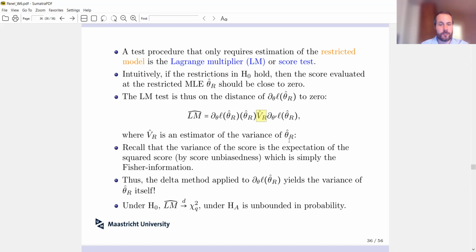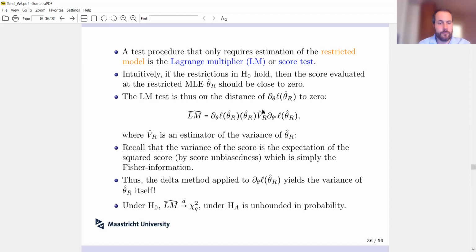This estimate turns out to be simply the variance of the restricted MLE. Because of score unbiasedness and the information equality, applying the delta method here is not really needed, so you simply get the variance of the restricted MLE.